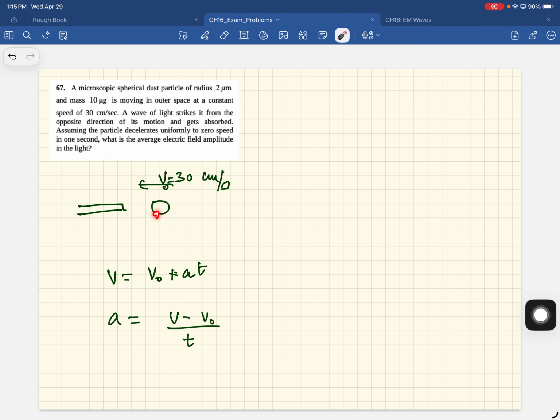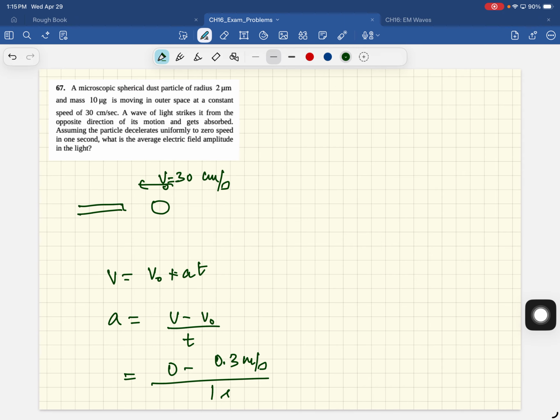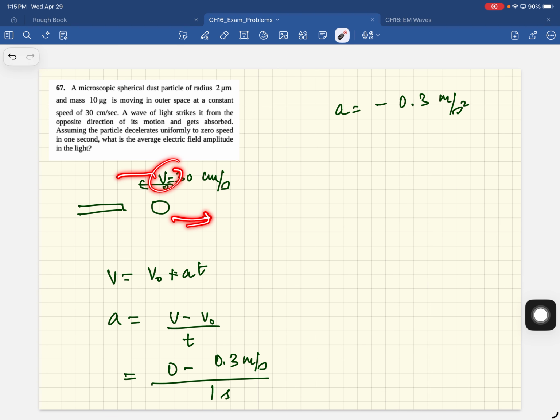The initial velocity of the particle is V naught, 30 centimeters per second. The final velocity is 0, you're stopping it. So 0.3 meters per second divided by 1 second: the acceleration of the particle is negative 0.3 meters per second squared. The negative sign just tells you that the acceleration is in that direction if this direction is positive.